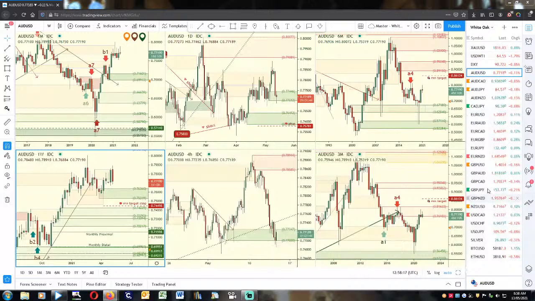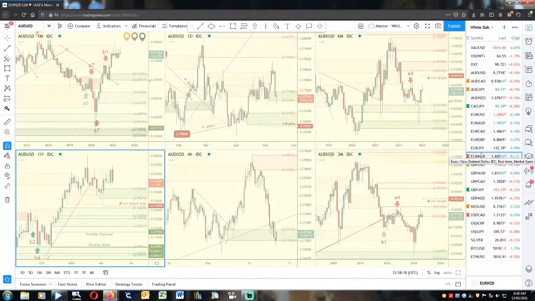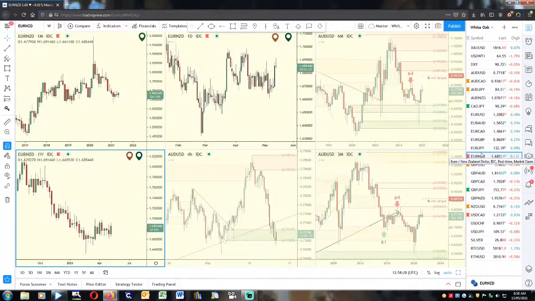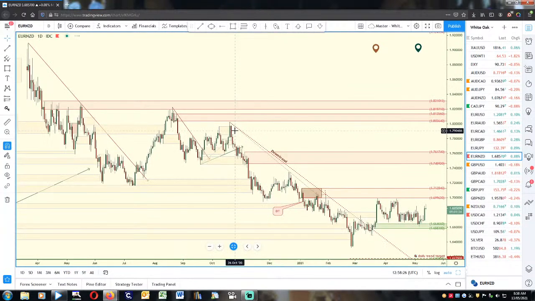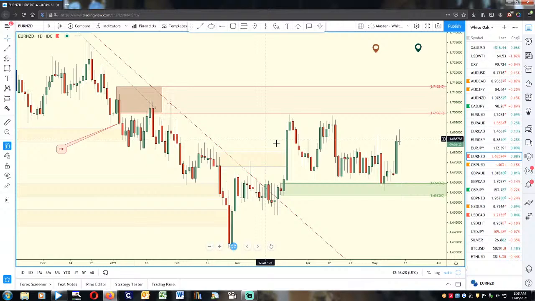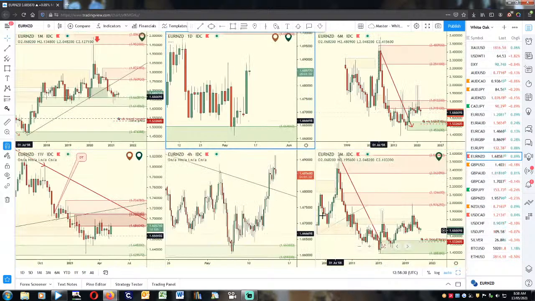We were looking at Euro Kiwi. I often get asked how the system can be used for taking day trades, and the system is very accurate for taking day trades. I'll show you an example of that.